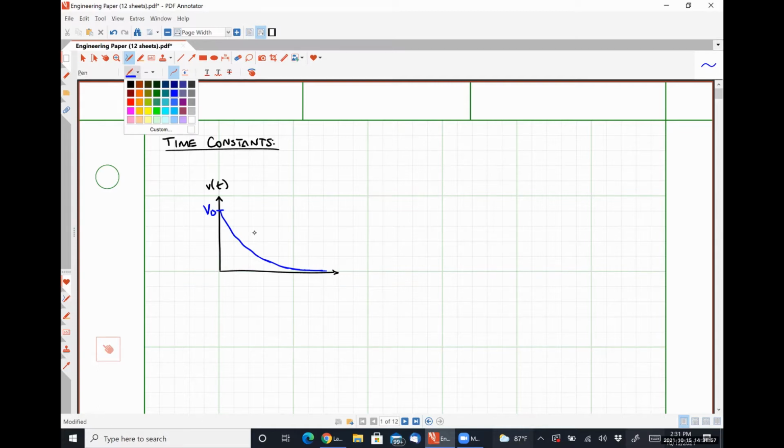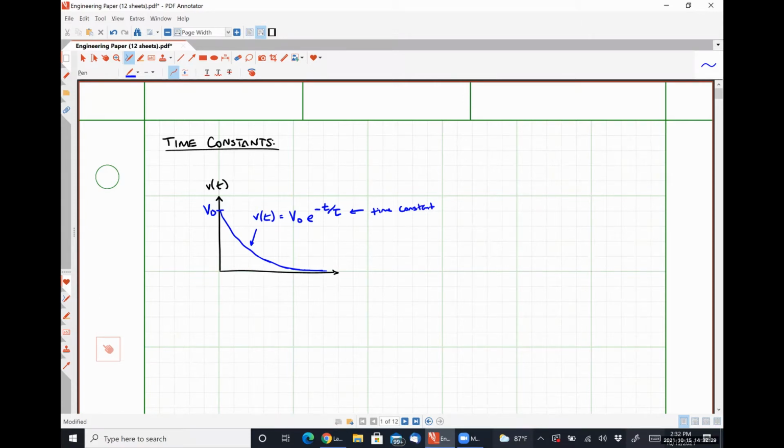Its rate of decay, or the mathematical expression for this signal, would be V of t is equal to that voltage V naught, e to the minus t divided by tau volts, where tau is our time constant for our system.